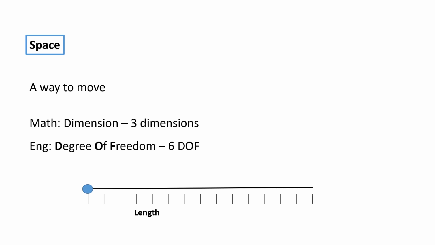Now in engineering, a dimension gives something a degree of freedom, which is a way to move in that space. So if something can only move along a length, we say it has 1 degree of freedom.